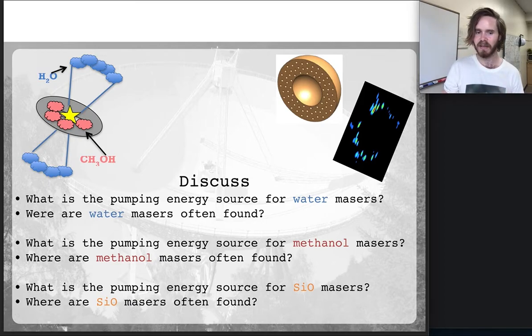Then what is the pumping energy source for the methanol masers we talked about so far, and where are they typically found? And then what is the pumping energy source for the SiO masers, and where are SiO masers typically found? Have a minute or so to discuss this with your partners, and the assistants will be there to help you if you want to check your ideas with them.